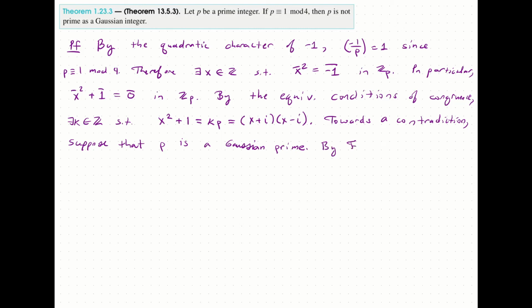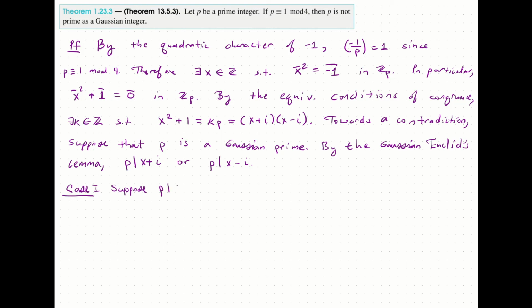By Euclid's lemma, or I should say the Gaussian version, we have that p divides x plus i, or p divides x minus i. And now we're going to consider this in cases. So case 1, suppose p divides x plus i.